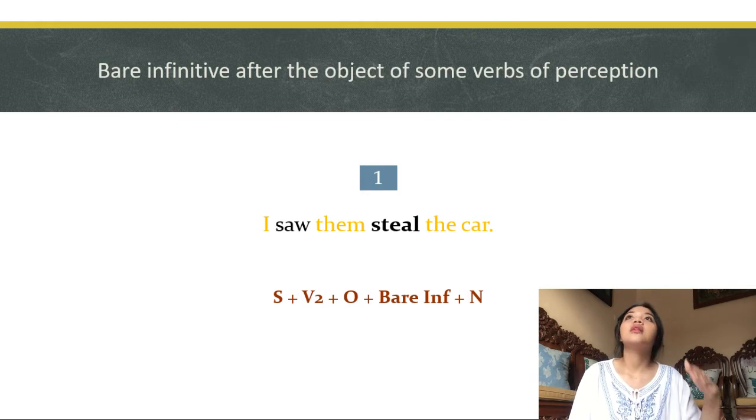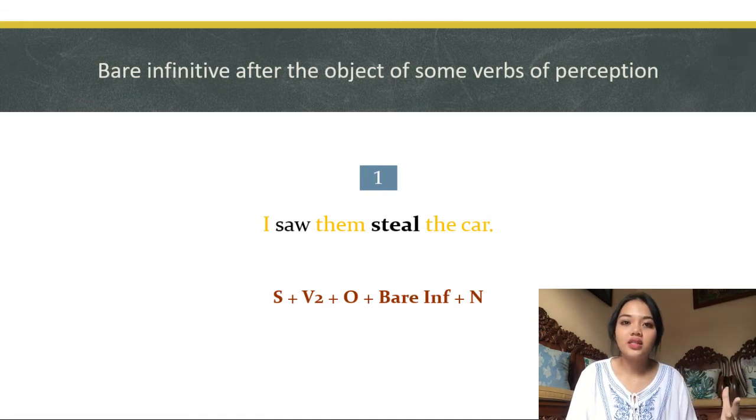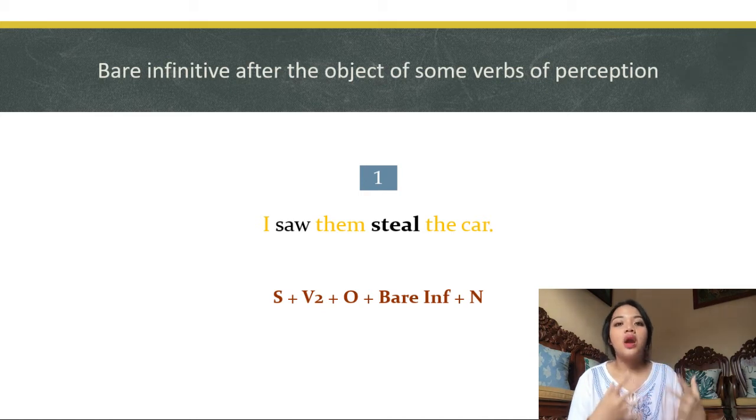And for your information, if in the sentence there is an object in between verbs, like I saw them steal the car, where them is in the middle, from saw and steal, we normally use the bare infinitive.